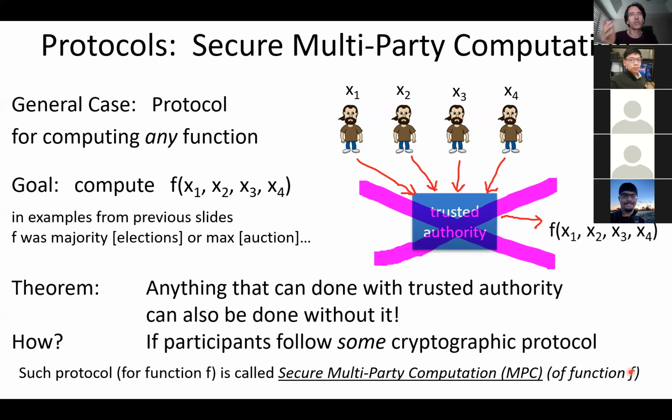Bidding depends on the number of bidders, but it's not a complicated circuit, and definitely an election is not a complicated circuit. Taking a majority is a very small circuit, actually, and shallow.